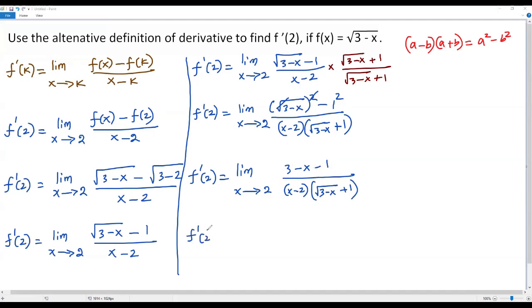So f prime of 2 is equal to the limit as x tends to 2. Here we can combine this 3 and negative 1, it will become 2 minus x over x minus 2 times square root of 3 minus x plus 1. Okay, here in the denominator I find x minus 2, but in the numerator I find 2 minus x.